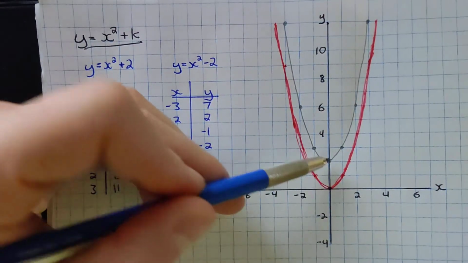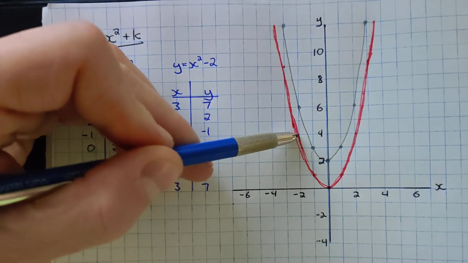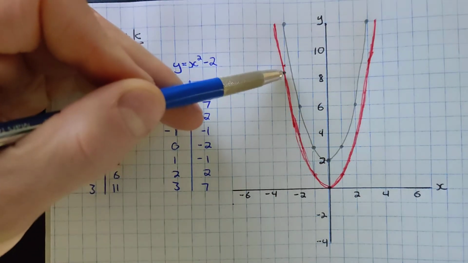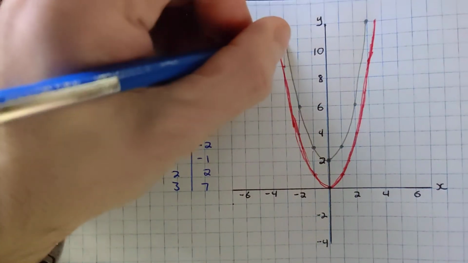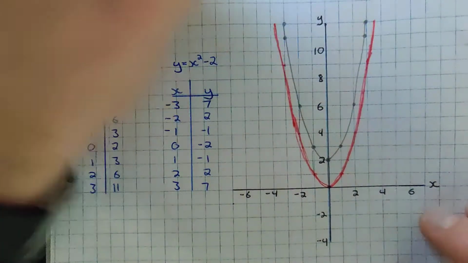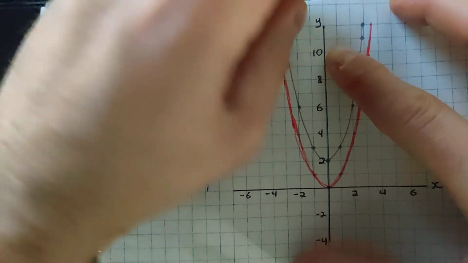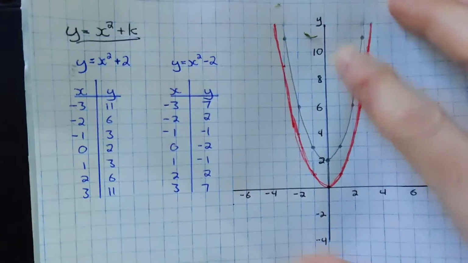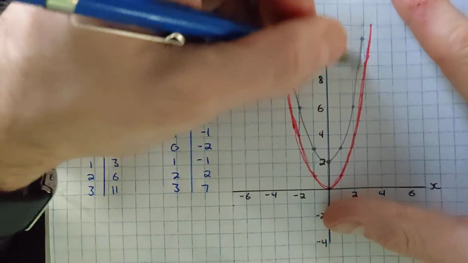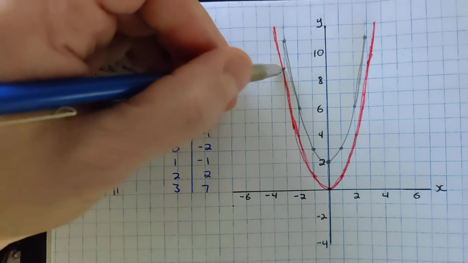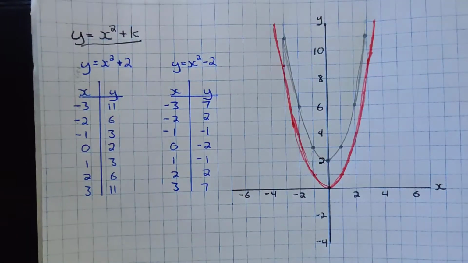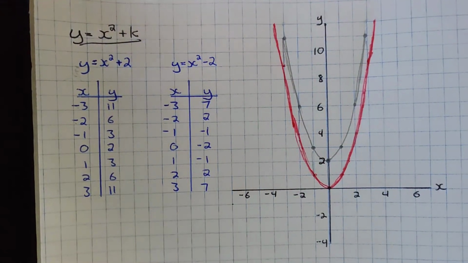So the 0's gone up 2, the 1's gone up 2, the points at 2 went up 2, the point from 3 went up. Oh, that was 12. Sorry, it should have been 11 down here. Went a little too far up. There we go. And then those went up 2 and up 2. So everything just shifted up 2.